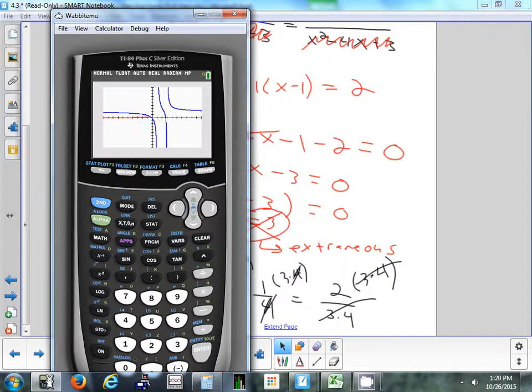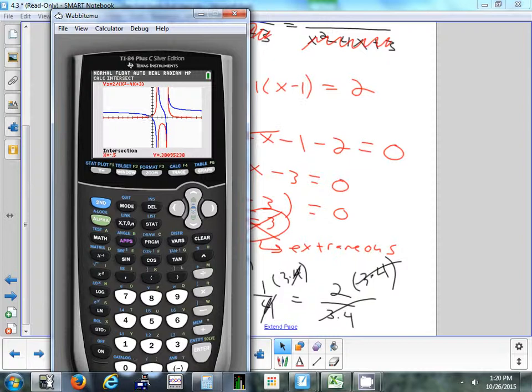Okay, so we've seen that kind of graph before in 3 sections. All right, and let's go second. Calc intersect. So really you wouldn't have to do all that work, all you have to do is graph and find the intersect. If they said solve graphically, yeah. If they said solve algebraically, then yeah, you got to do it. Negative 0.5. Okay, so this gives you a quick way to check your answer.